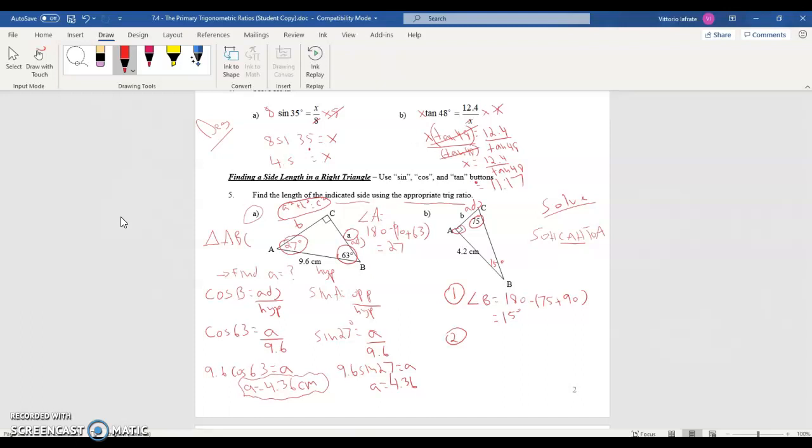And this over here is side C. It's opposite to angle 75. And then we have our hypotenuse over here, opposite the 90 degrees.